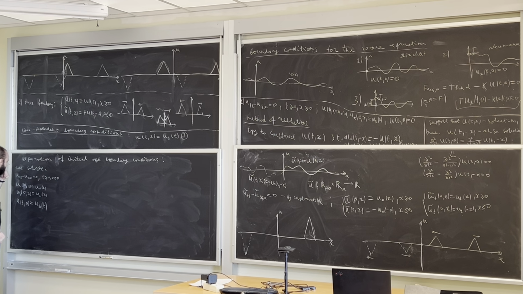And this holds for t greater or equal than 0 and x greater or equal than 0. So can anyone try to guess how the solution can look like? There is a reminder that if some function solves this equation, then it can be represented as u of t and x equals f plus of x plus t plus f minus of x minus t.